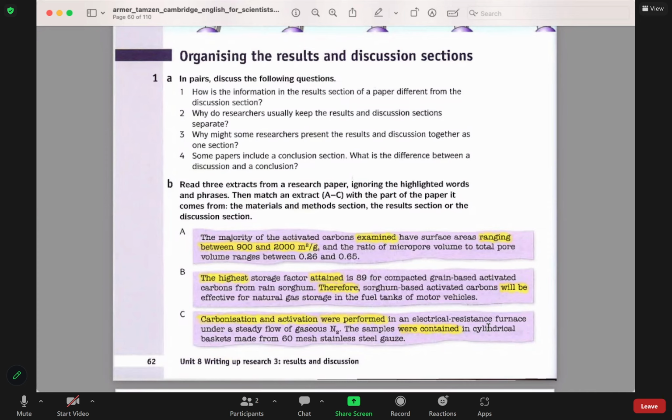B, I think, is a discussion, and C is a conclusion. Right. So the first, A, is results data. B is the discussion section, explanations and interpretations of these results. And the last one is more general information about the materials and methods used in the research.